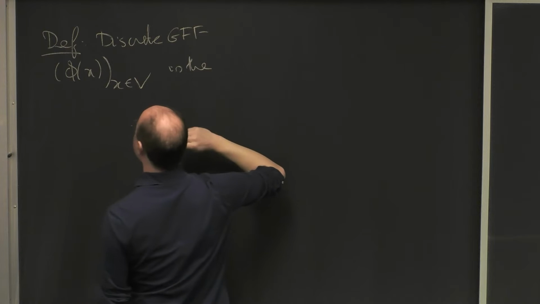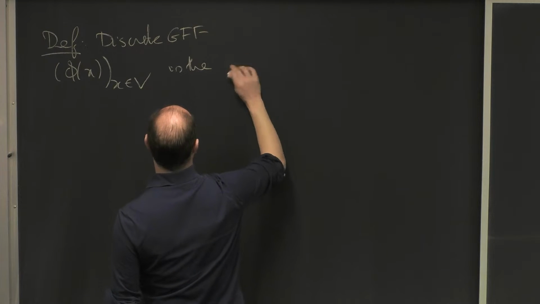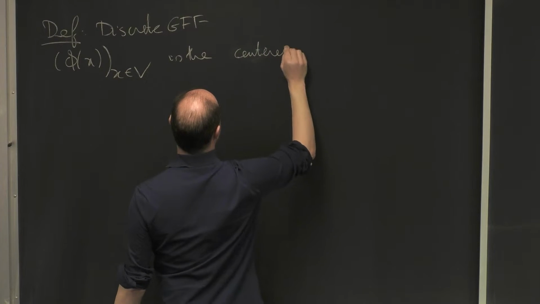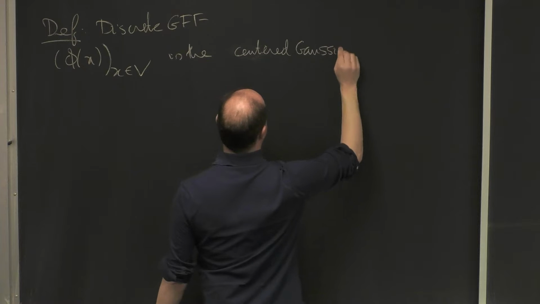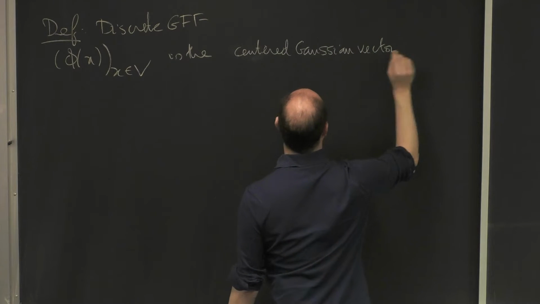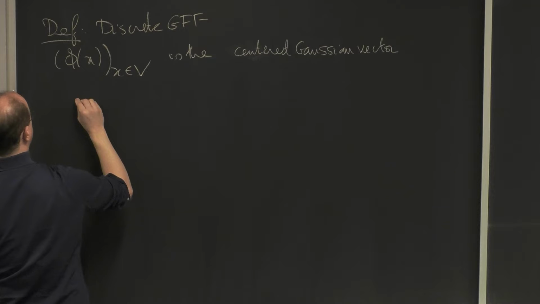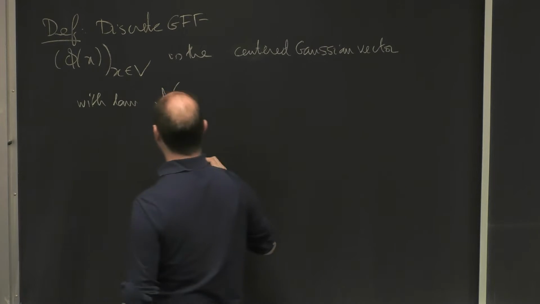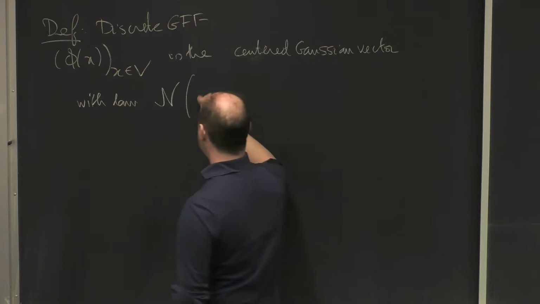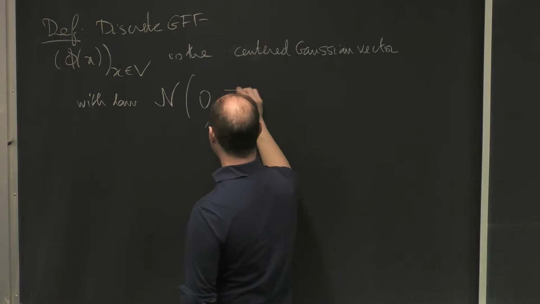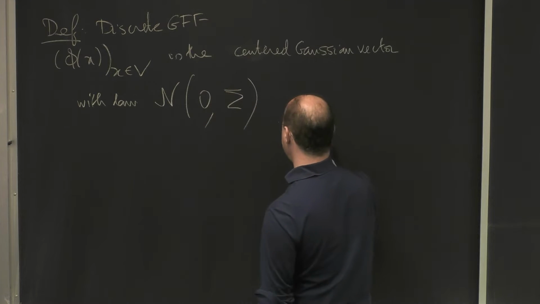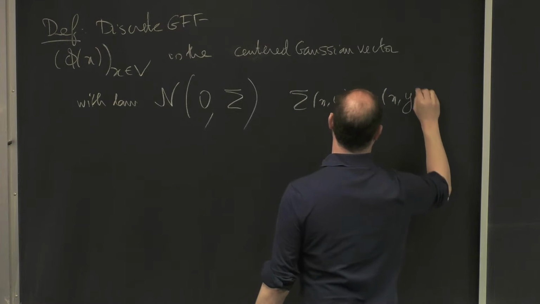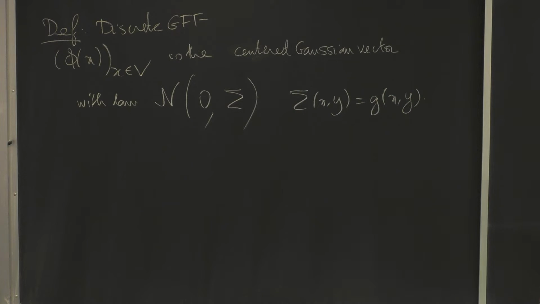It is a centered Gaussian vector, so I'll write it like that: N for normal, for Gaussian, which means mean 0. And all I need to tell you is the covariance matrix, and this covariance matrix is precisely G of x and y.